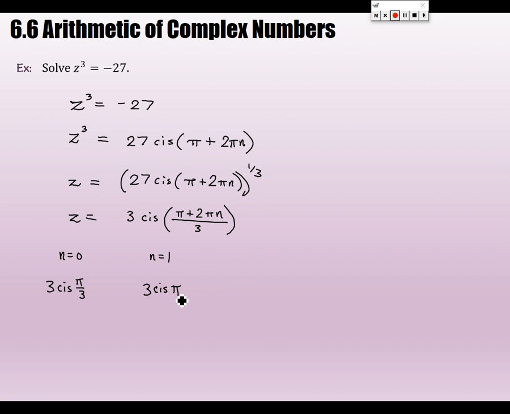And that one should not be a huge surprise to us. What's 3 cis pi? It's -3, right? Which is a solution you knew before you even started.